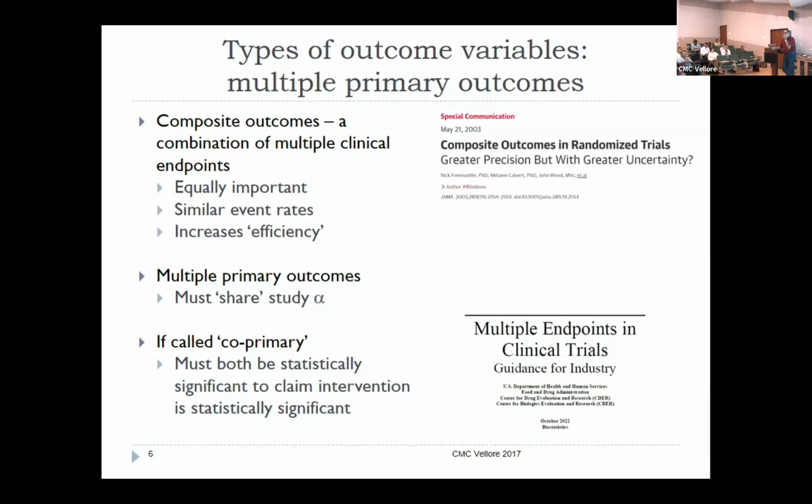Supposing we decide both are equally important, so what is your suggestion for sharing the alpha? If they're totally equally important, then you can split it. But in my experience, most investigators say, well, really, this one is much more important to me, or I think it's much more relevant, and I would like to have the opportunity to show an effect on that one more than on this.